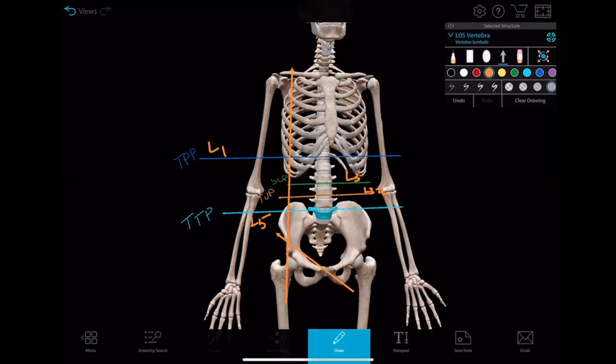So this is the mid-clavicular line. Here is the mid-clavicular line. So we got the 9 regions, right?